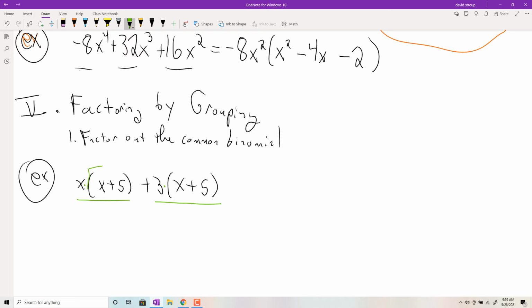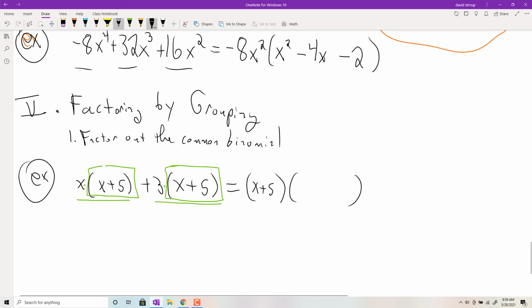So that's common to both of them. There's an x plus 5 here and an x plus 5 here. You could factor that out. Let's take an x plus 5 out of both of those. And then what are your leftover bits? Well, that would just be the x and the 3. So x plus 3, you just put that in parentheses. And that's it. Very cool.